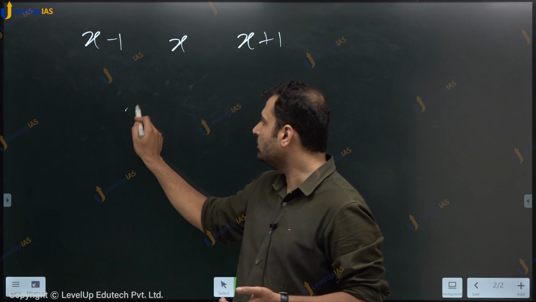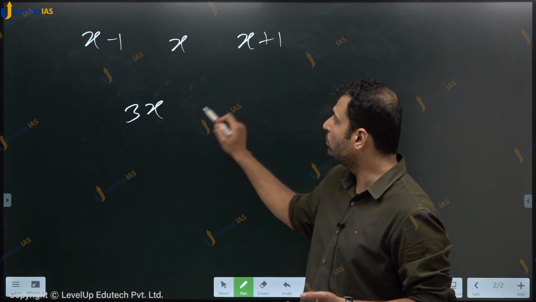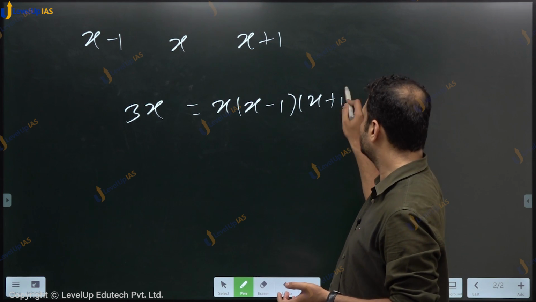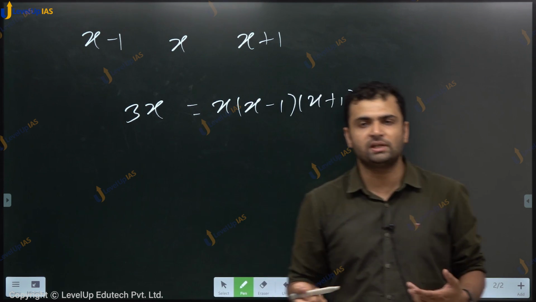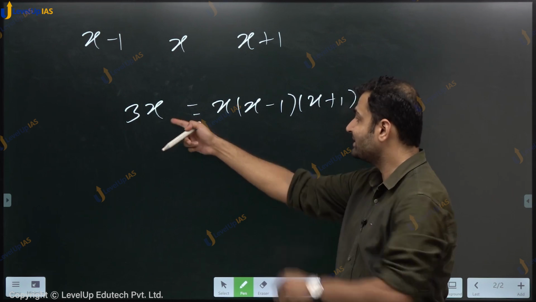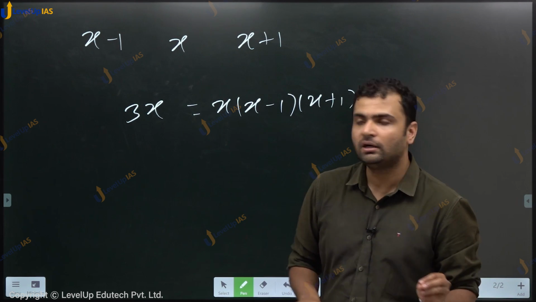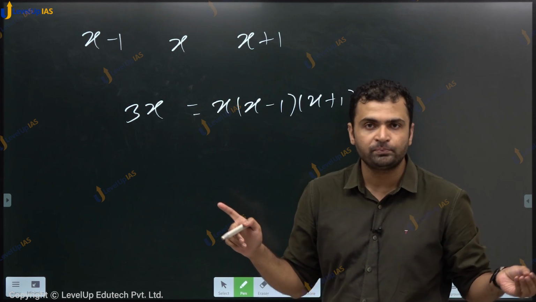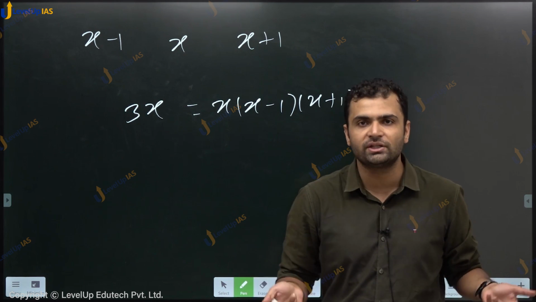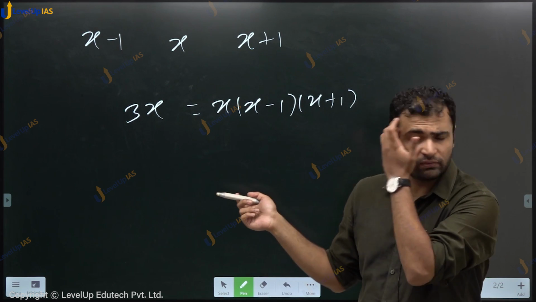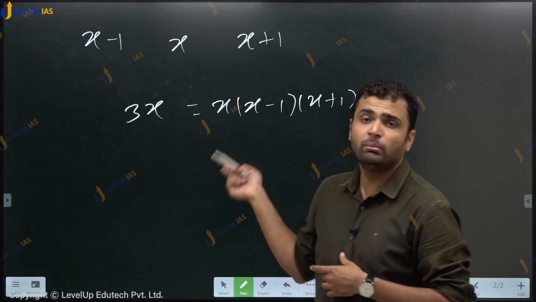If you add them, it becomes 3x, and if you multiply them, it becomes x into x minus 1, into x plus 1. We wanted this equation to be satisfied. Now we can cancel x from both sides, but we have to remember that we can cancel only when x is non-zero, because cancellation is nothing but division. We cannot divide by 0.